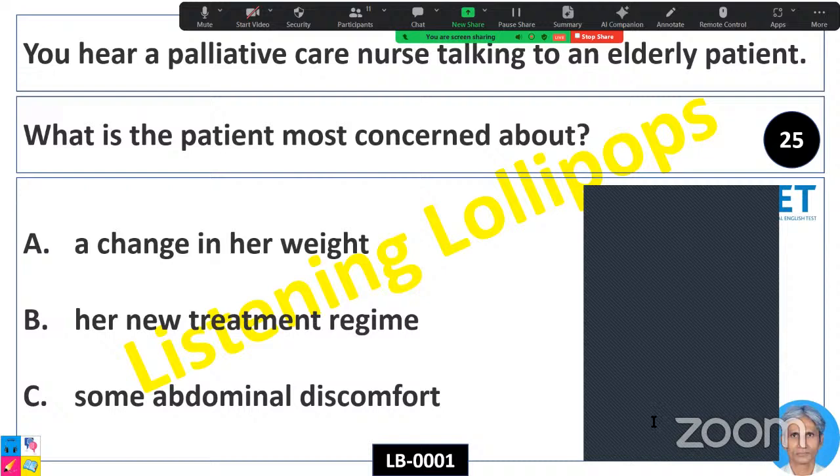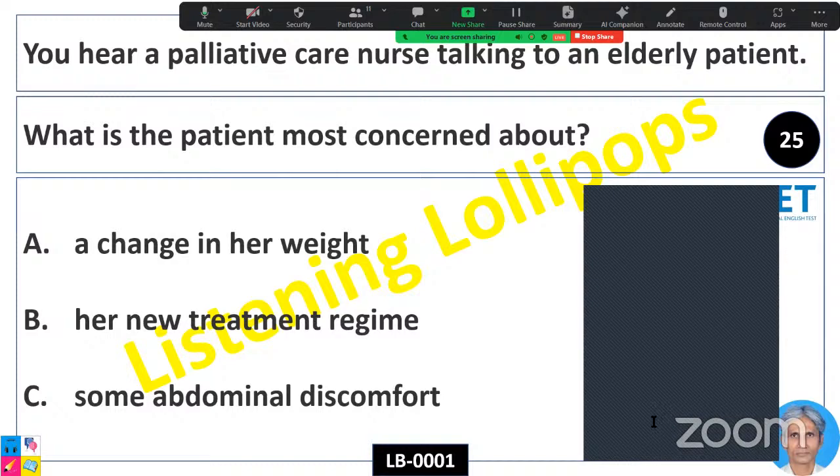Nurse is female, you mean? That means both are female, then there will be confusion in the voice. Then you hear a palliative care nurse talking to an elderly patient.